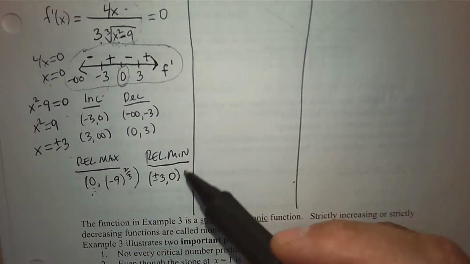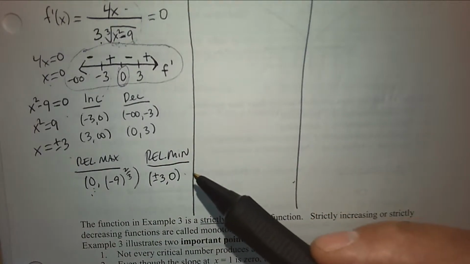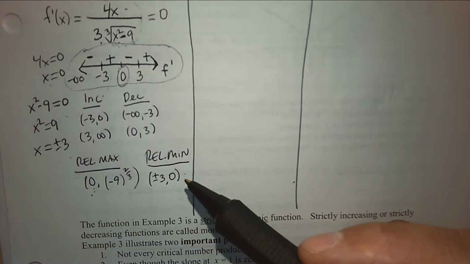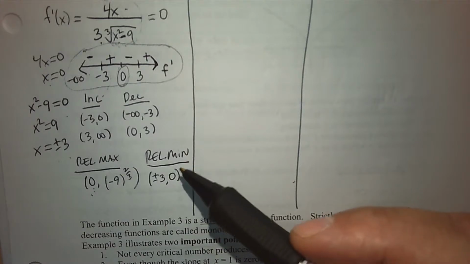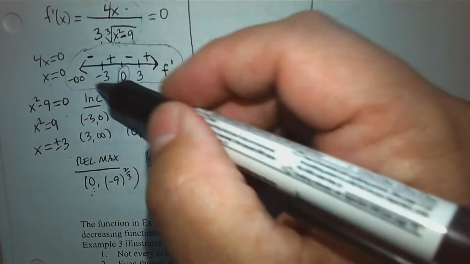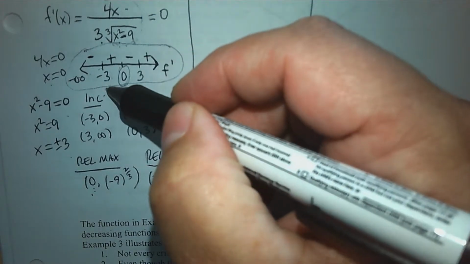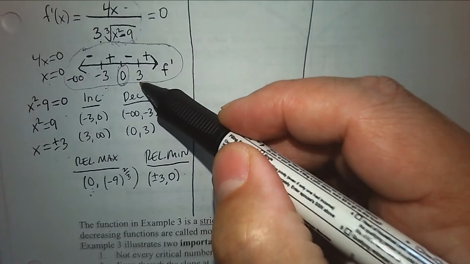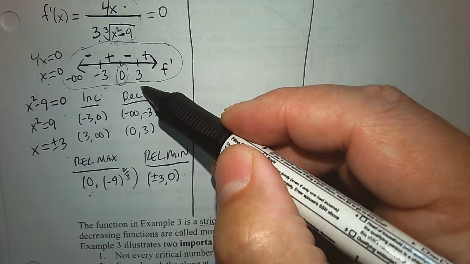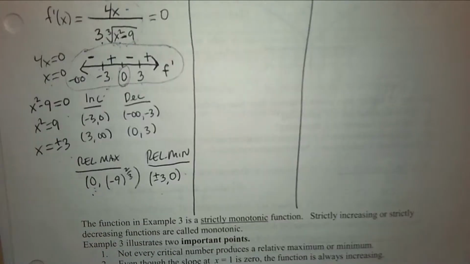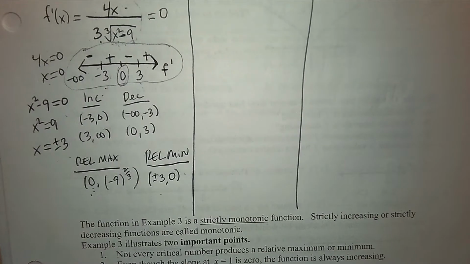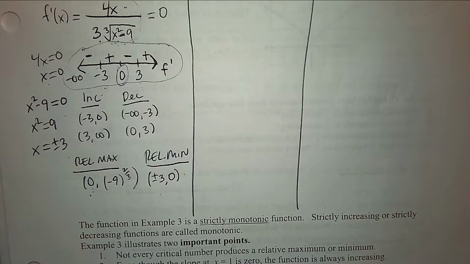For the minimum, you look for where it changes from negative to positive, decreasing to increasing. That happens at negative 3 and at 3. To find a point, you take that x coordinate and plug it into the function. The first time you do anything, be patient with yourself and practice more.